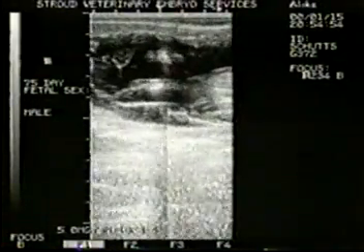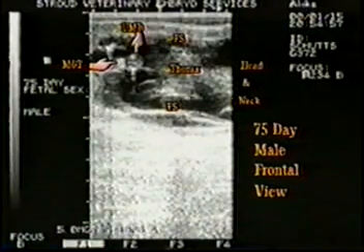This frontal view shows several important recognizable features. FS is front shoulders. Note the close proximity of the MGT to the umbilicus. Notice how less bright or less echogenic the umbilicus is compared to the highly echogenic MGT.